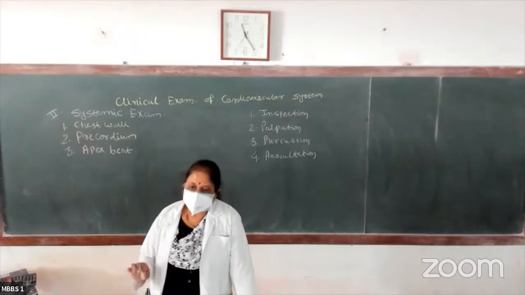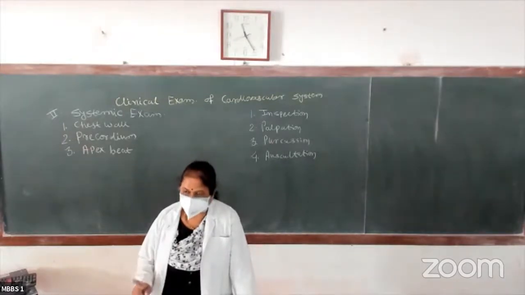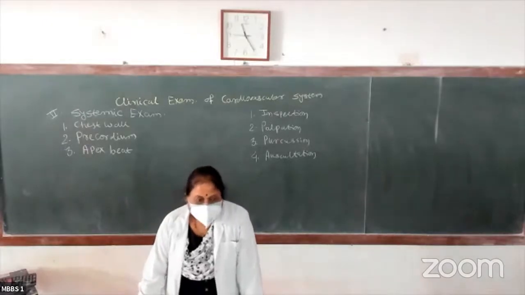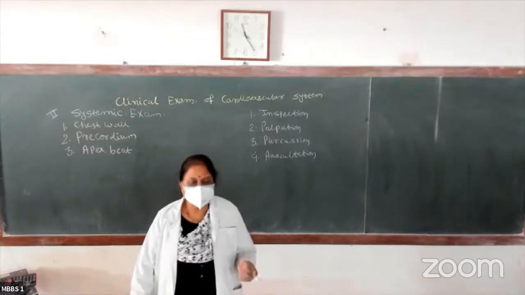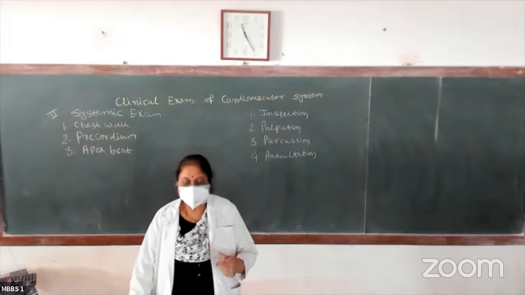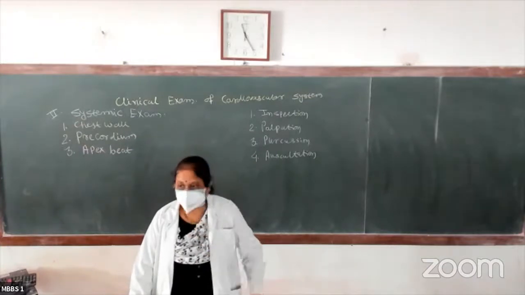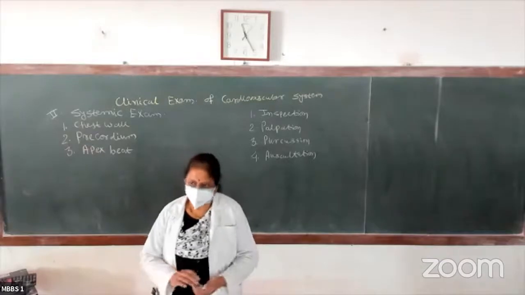Normally, the apex beat lies in the left fifth intercostal space. It is the lowermost and outermost part of the cardiac impulse. It lies 1.2 centimeters, or 0.5 inch, medial to the mid-clavicular line.